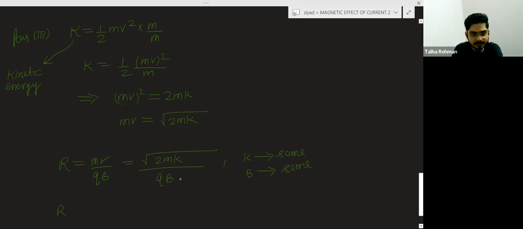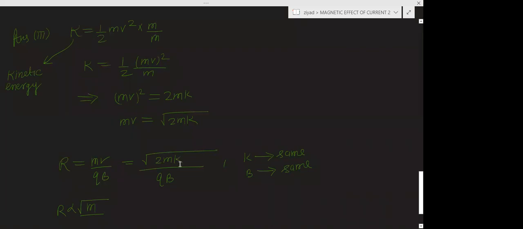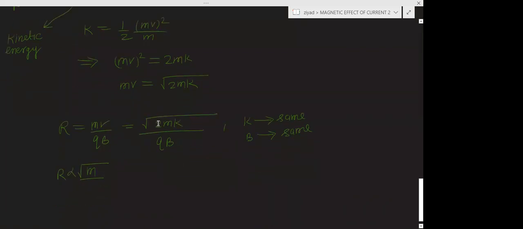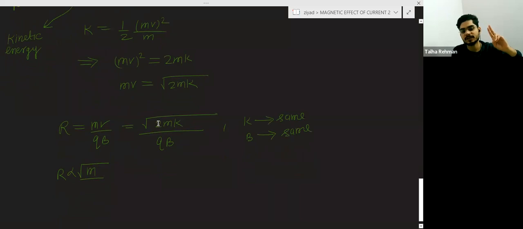So your radius will depend upon mass; B will be removed from here, K will be removed, and this 2 is the constant. So I can write the radius will depend upon the root of mass, because here is under root, and the charge.